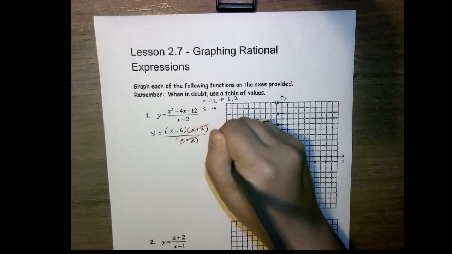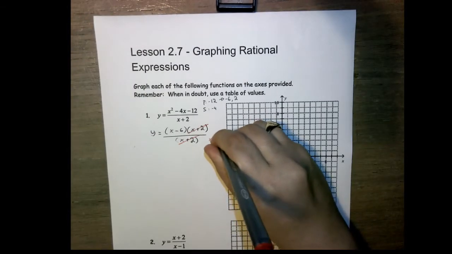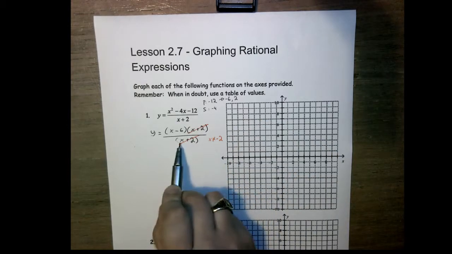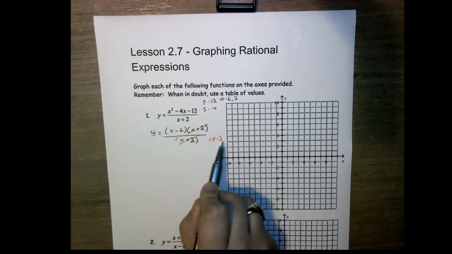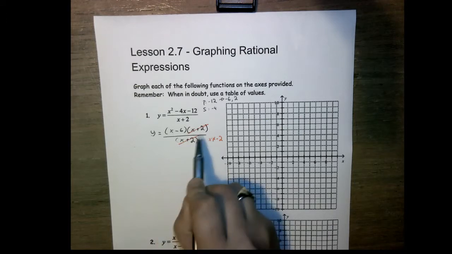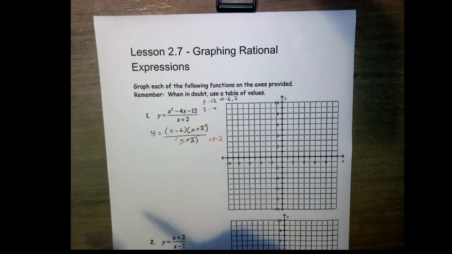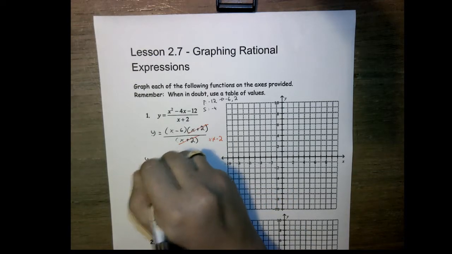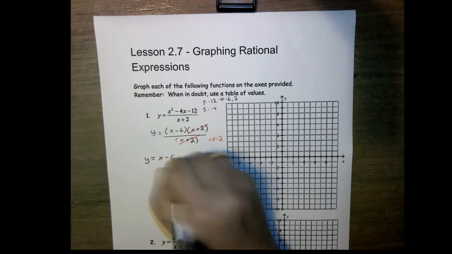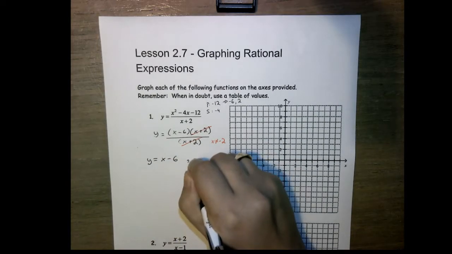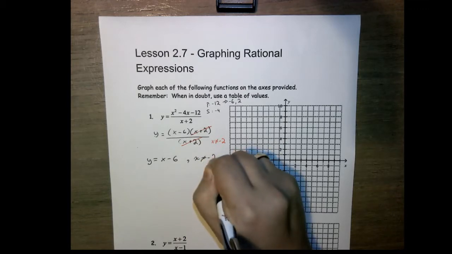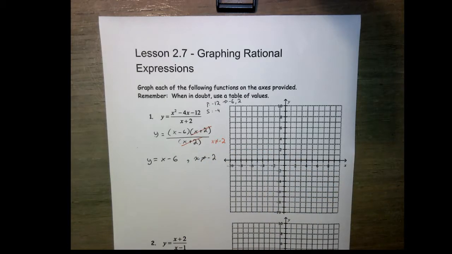So if you remember, x cannot equal negative 2, because if x were to equal negative 2, I would be dividing by 0, and that just can't happen. So I have that x can't equal negative 2 here, and we're going to look at what that means in a second. I'm left with just y equals x minus 6 with a restriction of x cannot equal negative 2. So what does that look like?